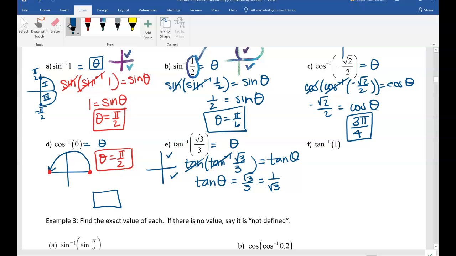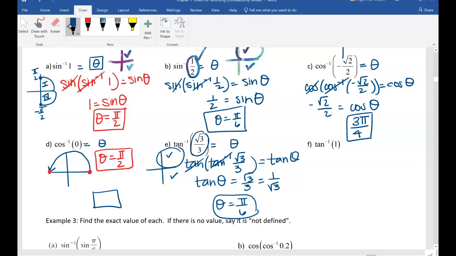Tangent of some angle has an opposite leg of 1 and an adjacent leg of rad 3. That can only be pi over 6. There you go. All right, and now pi over 6 is in quad 1, and that should correlate to a positive ratio.